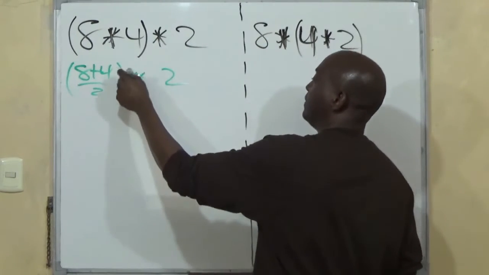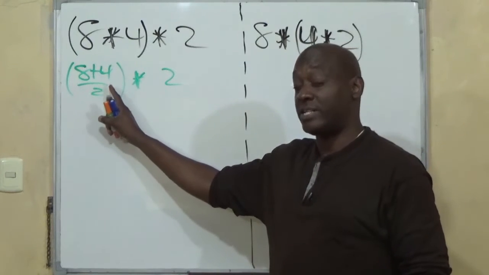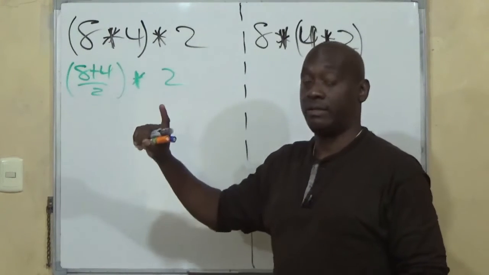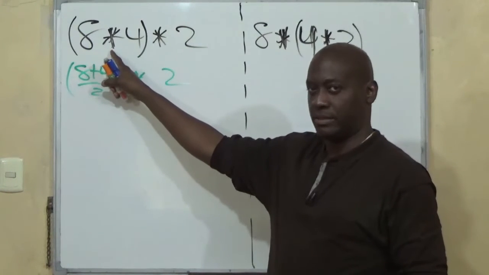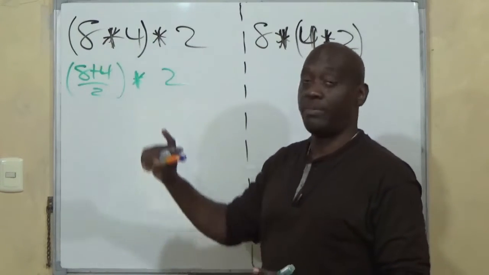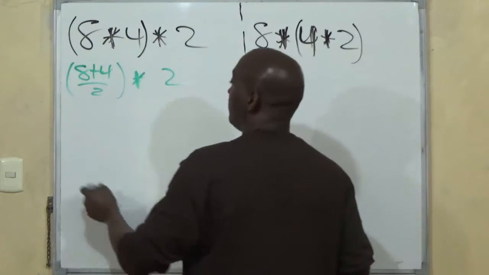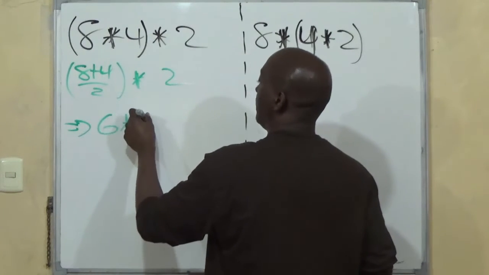So you see, we're actually working out here the operation defined here, by this operator operating on these two operands. So 8 plus 4 over 2 is 6. So this will be 6 star 2.